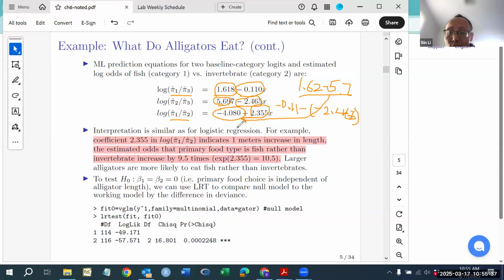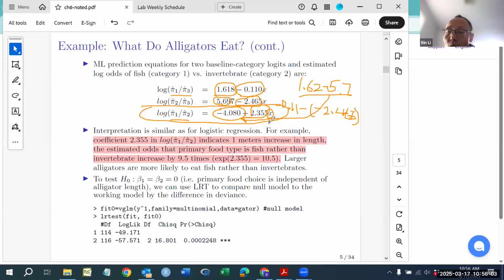For example, if we look at the third equation, that's between the fish and the invertebrate. Okay, so what does that mean? Let's look at the coefficient. And by the way, the length is using the unit meters. It is using the meter as the unit.